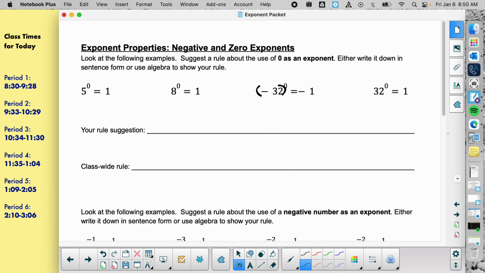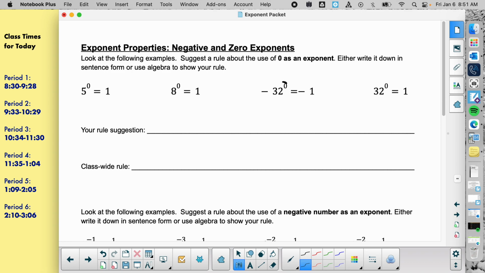So the 0 power on a whole parentheses means that this whole parentheses answer is going to be 1. Oh, what? Your packet doesn't have a negative there, does it? No. Oh, that's what I thought. That's why I knew there was a typo. Well, I guess we could do one of two things. You can either put a negative on the answer, or you can put a parentheses around the -32. So the 0 power only goes on whatever it's on.